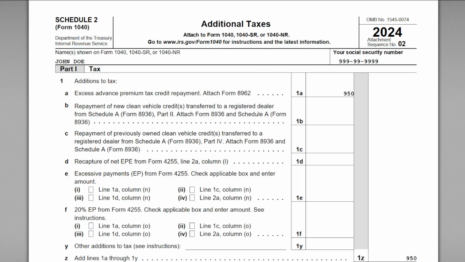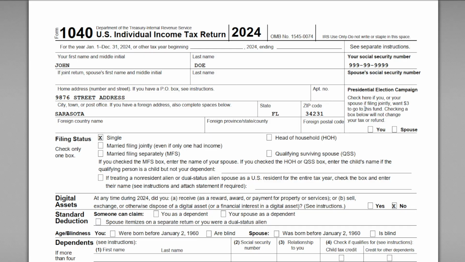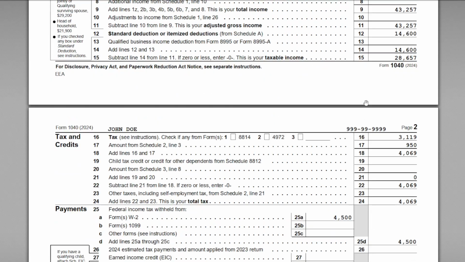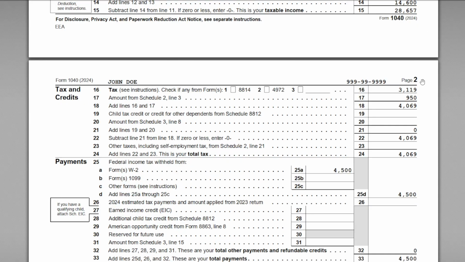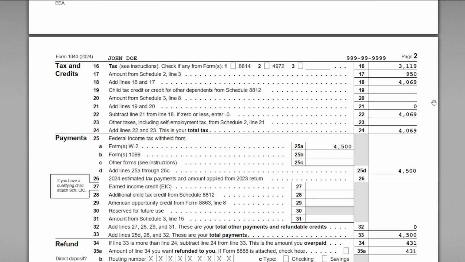Now, if we go back to the 1040, pages 1 and 2, scroll down here, we can see that the taxable income is $28,657, and based on his filing status, he owes $3,119 in taxes on that taxable income. So that's his tax liability.